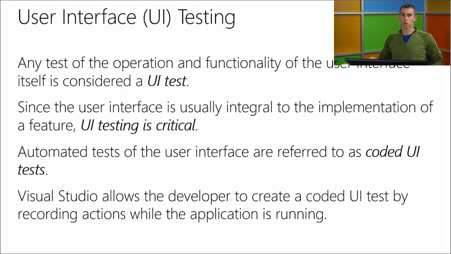Once you've recorded all your objects, you can call those objects in any order. You can create your regression tests with it, and it really adds a lot of value to your UI testing. Great.